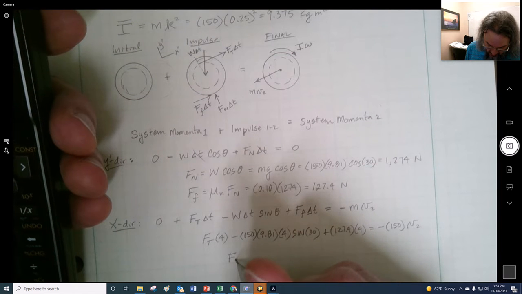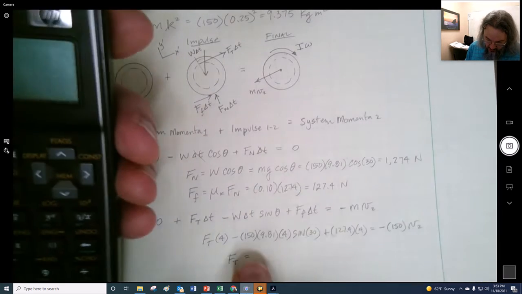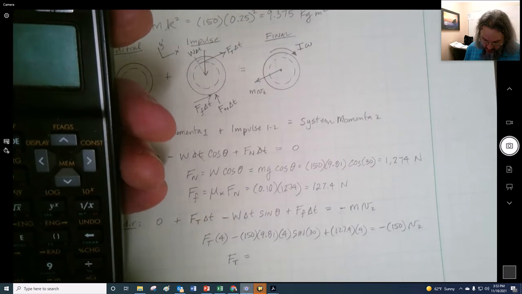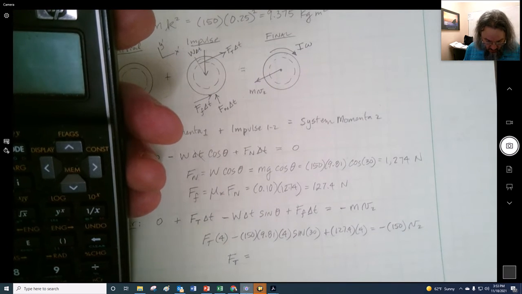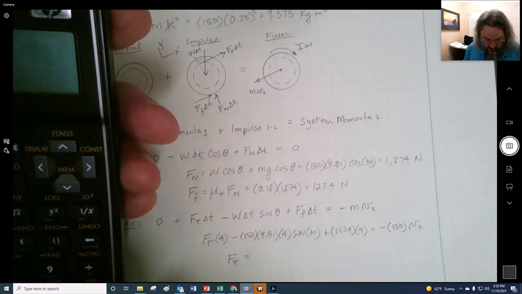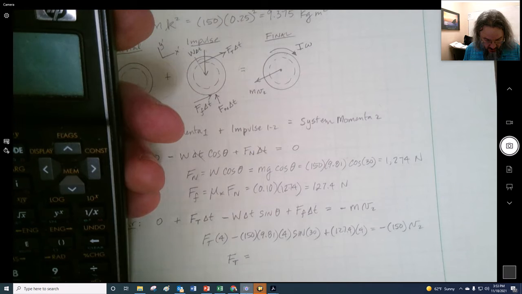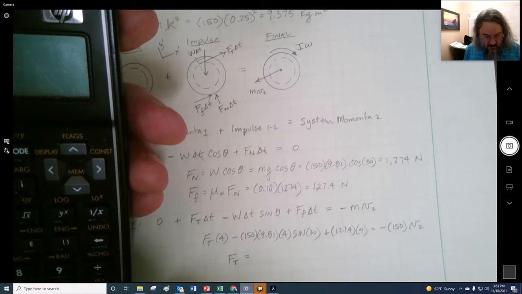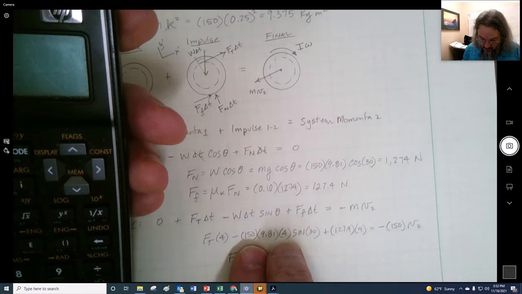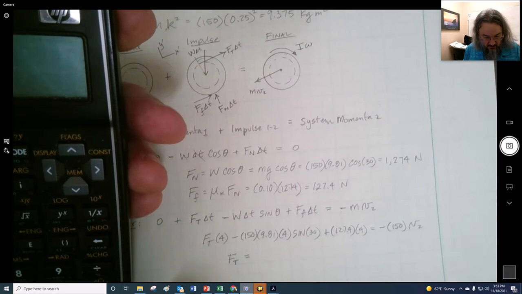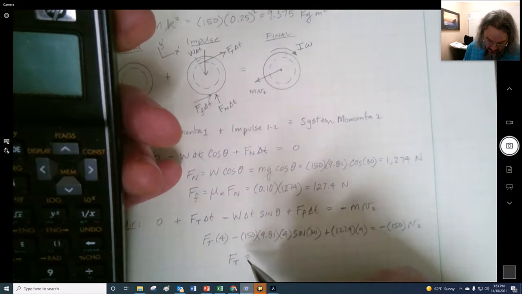So Ft is going to be equal to, with everything else going over to the other side, 127.4 times 4, and then 150 times 9.81 times 4 times sine of 30. And I'm going to subtract that from that. All right, we get a negative number, but it's going to come over to the other side. And I'm going to divide by 4.